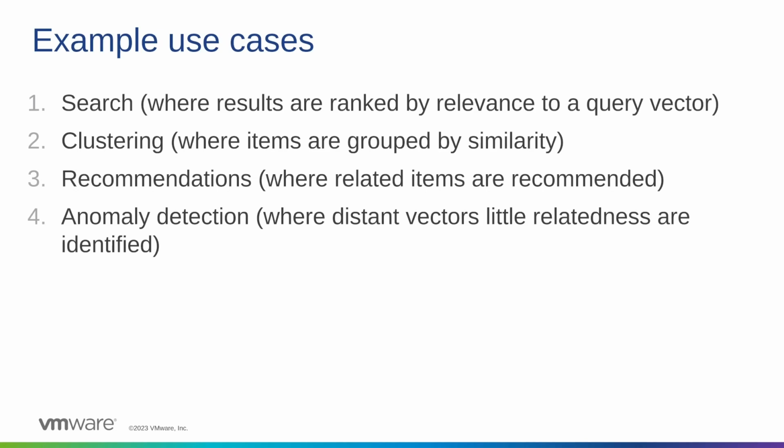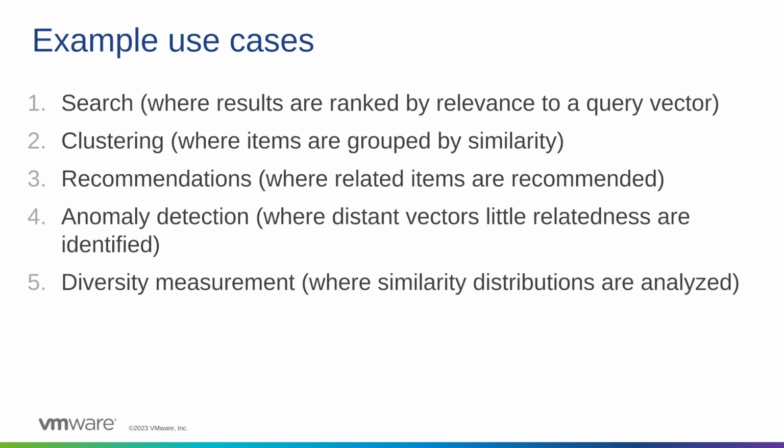They're good for anomaly detection, right? This is almost the opposite of similarity. Basically, you say, be on the lookout. Here's our normal vectors, and anything that's greatly dissimilar or has a really great distance away, that could be an anomaly, right? Diversity measurements, where you look at the measures of similarity, like how much diversity is in your data set.